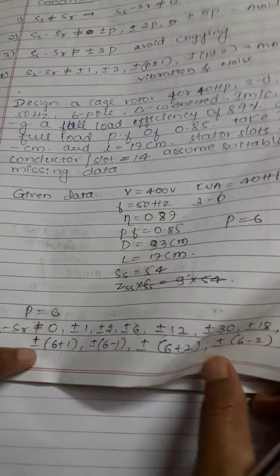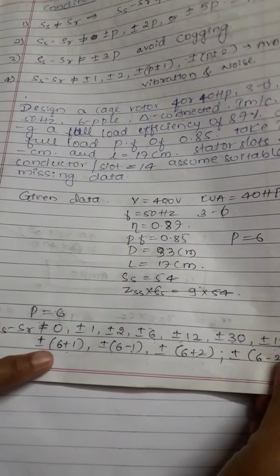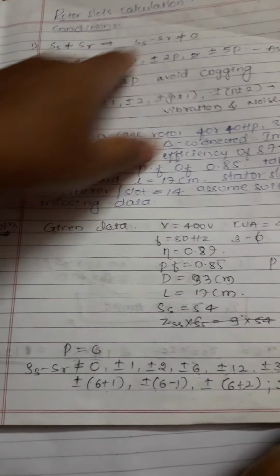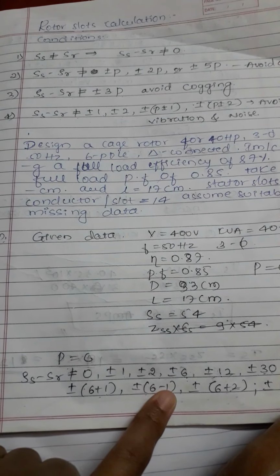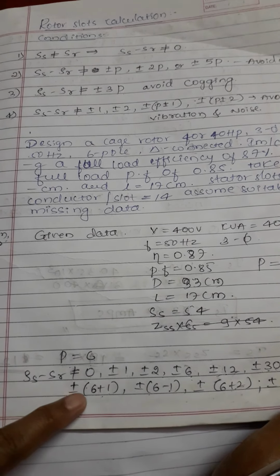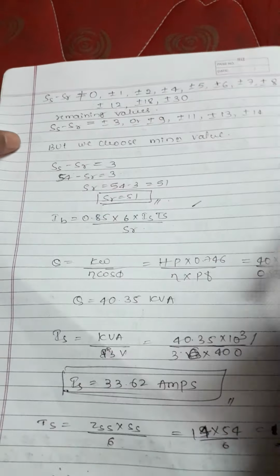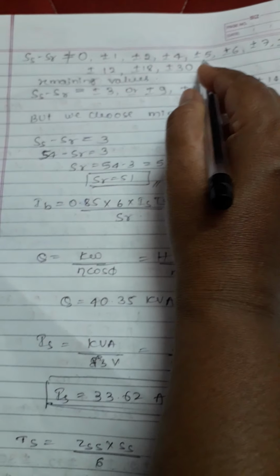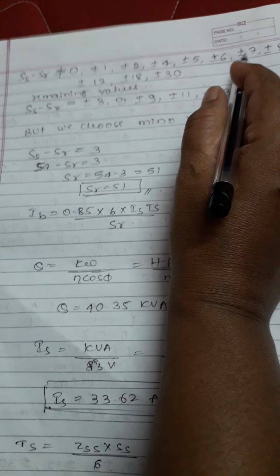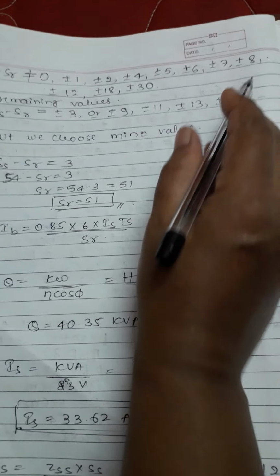So whatever values we are getting, we have to write here, all of them, and substitute for SS minus SR. Then doing the calculation: 0, plus minus 1, plus minus 2, plus minus 4, plus minus 5, plus minus 6, plus minus 7, plus minus 8.